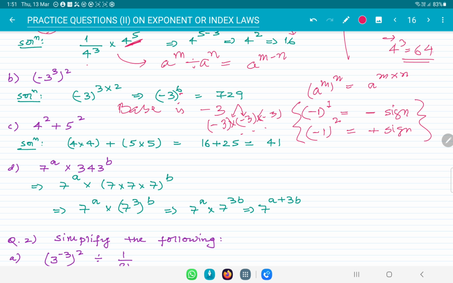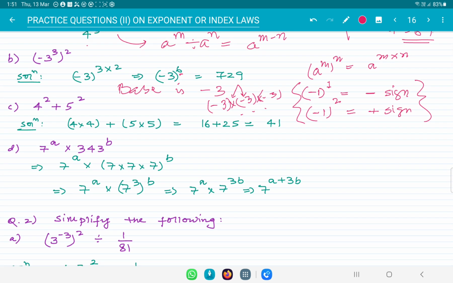Whenever two operations are coming, just for safety put your integer in brackets, so there will be less possibility of a wrong answer.